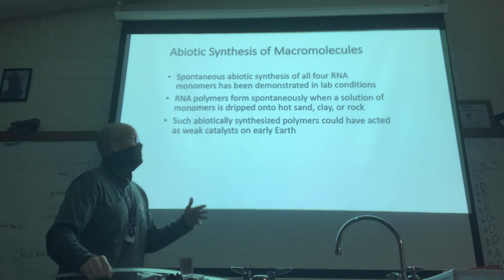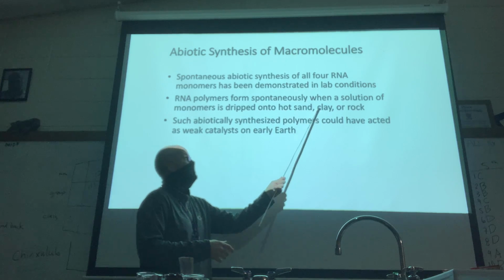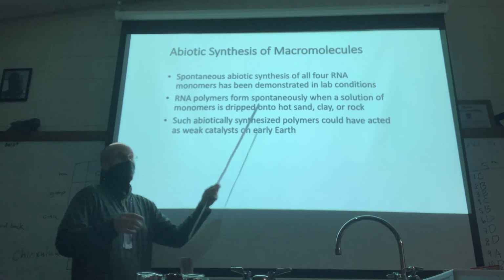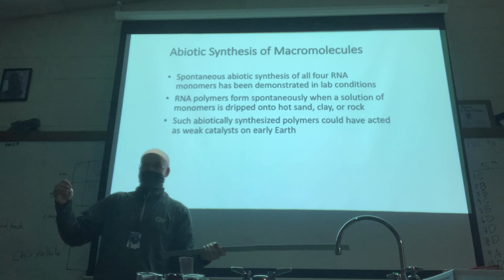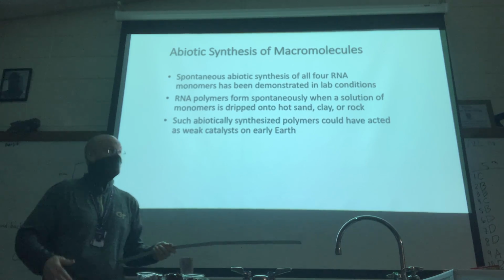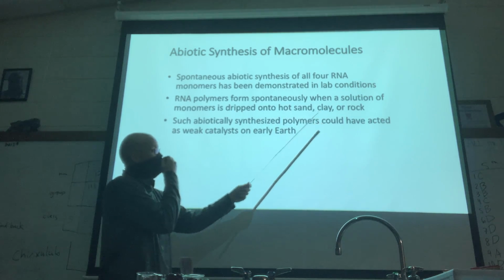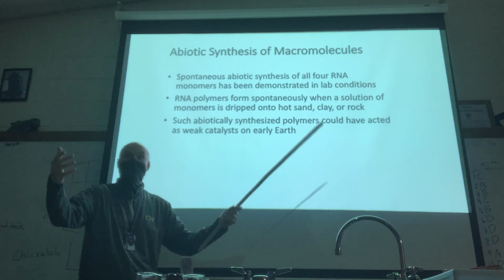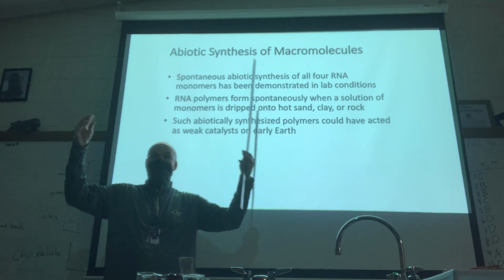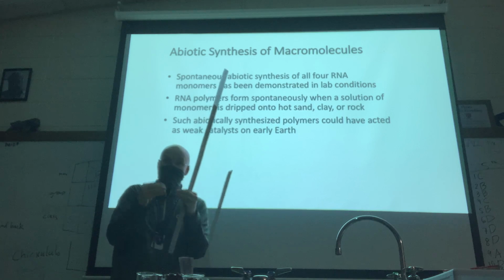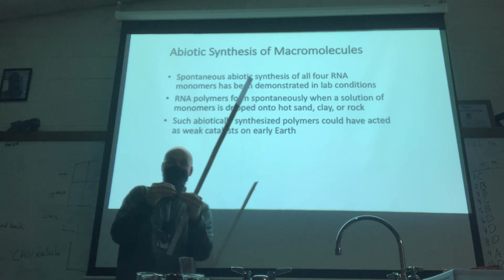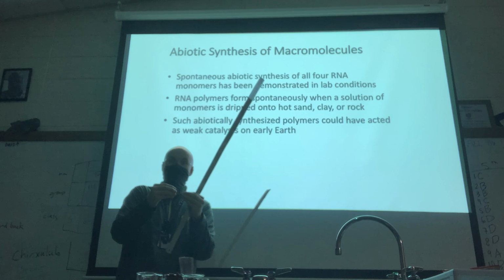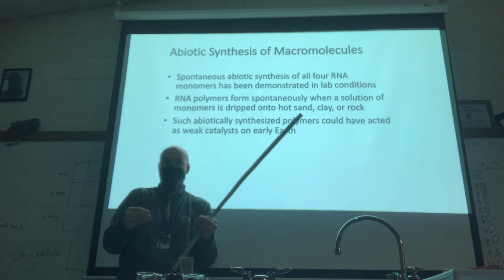And that matrix, that surface that clay in particular can make, it almost acts like a chemistry workbench. Clay seems to encourage these tiny organic molecules to stick to the surface of the clay, and then they could stay there and chemically interact with each other.